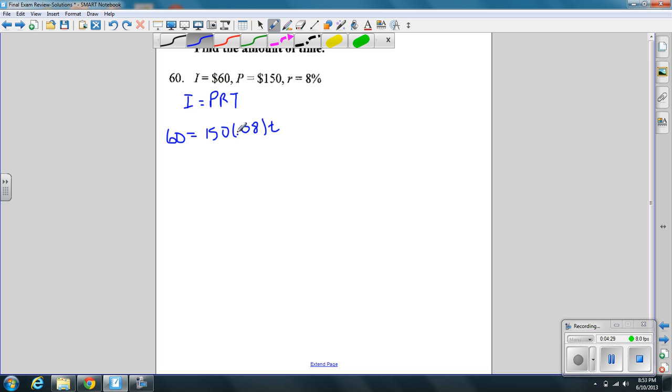So if we take 150 and times it by 0.08 on the side, you'll get an answer of 12 T. Divide both sides by 12. We get T is equal to 5.